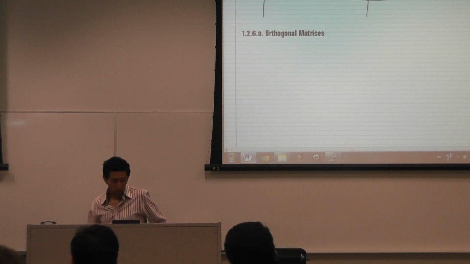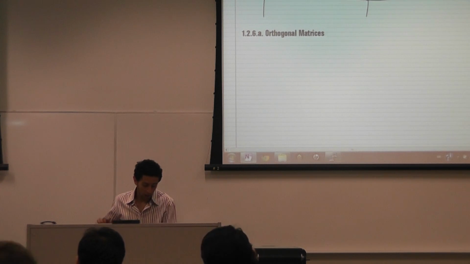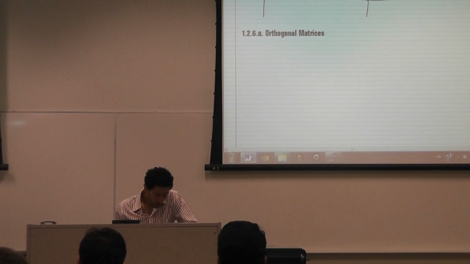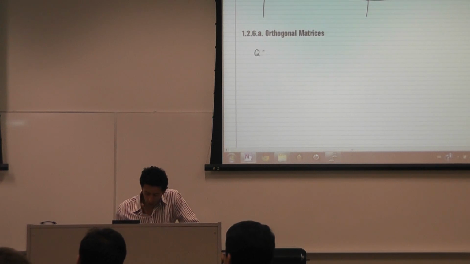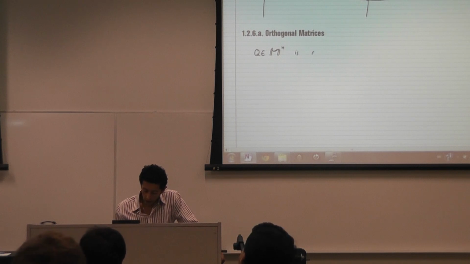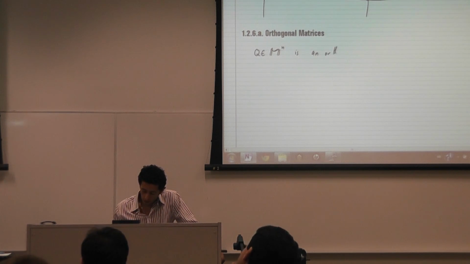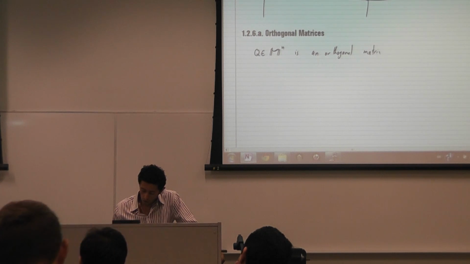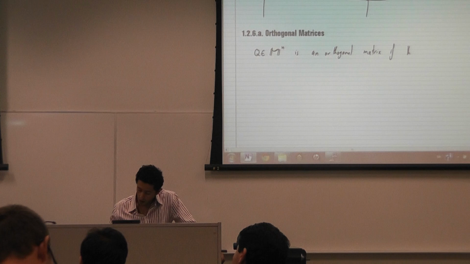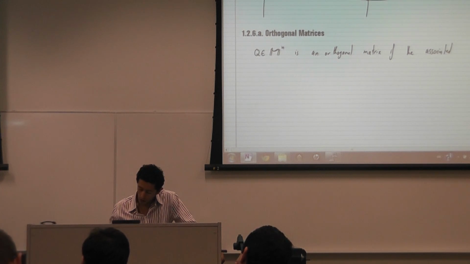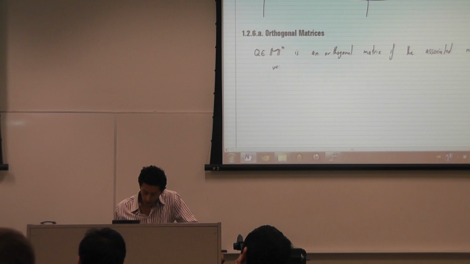So what are orthogonal matrices? Orthogonal matrices are defined as follows. Q is an orthogonal matrix if the associated n vectors are orthogonal.